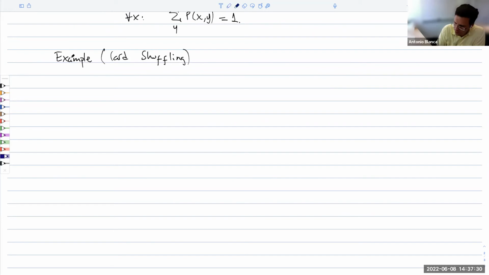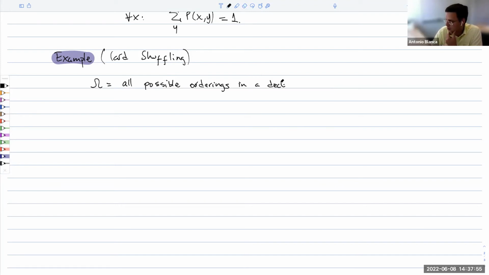Here we're going to set omega to be the set of all possible orderings in a deck of n cards. You can take n to be 52 if you want the regular deck of cards, but in general, we can say we have n cards.